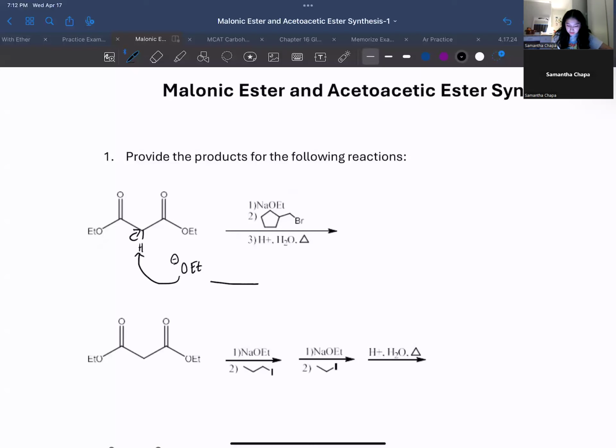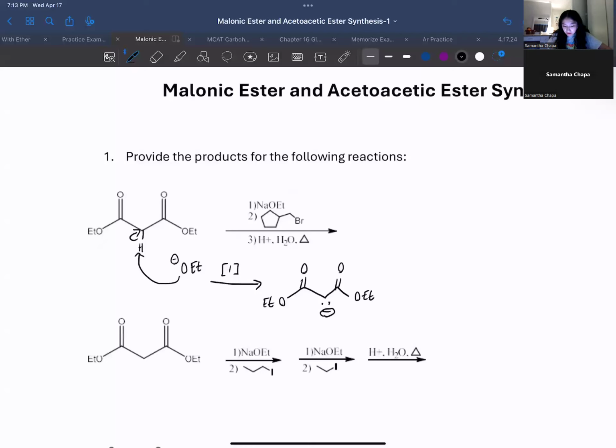So then the first intermediate step just looks like an enolate, and you can write the enolate out or you can leave it as a carbanion. I like to leave it as a carbanion because it lets me know what I'm attacking with, that this is my nucleophile, because sometimes I got confused with which one was my nucleophile when I wrote the resonance structure for this.